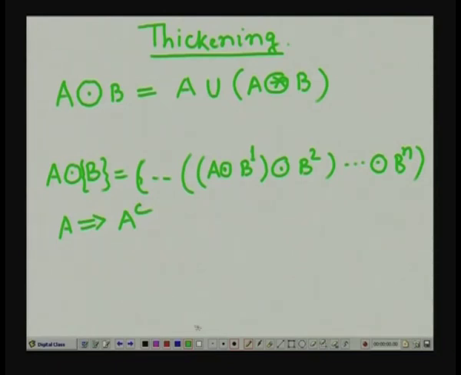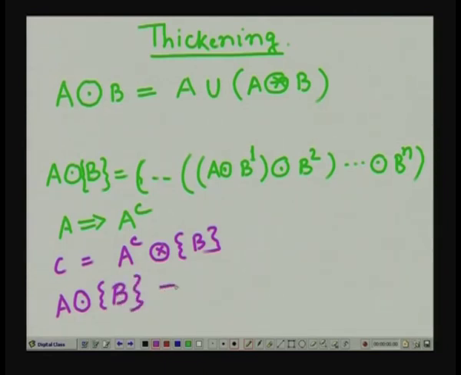Then I make a set, say C, which is nothing but A complement thinned with the set of structuring elements B. And finally, if I take the complement of this set C, then what I get is the thickening version of this set A with the set of structuring elements B, which is nothing but the complement of the point set C. So, you find that this thickening operation can be implemented by thinning A complement.